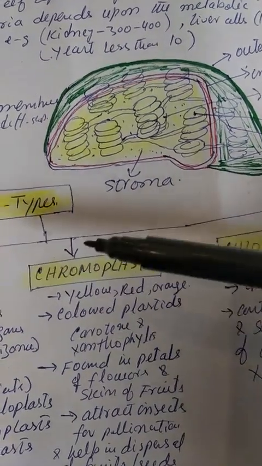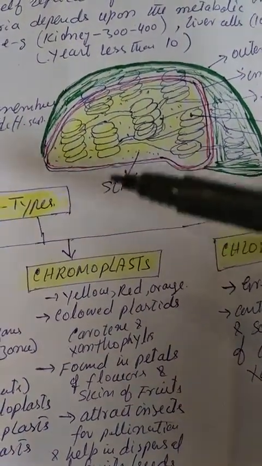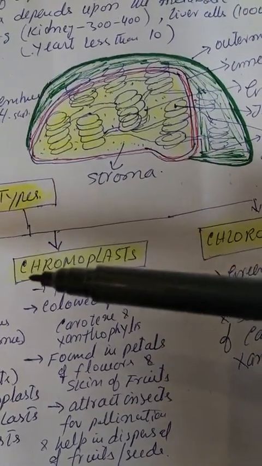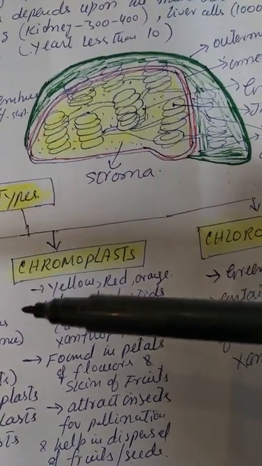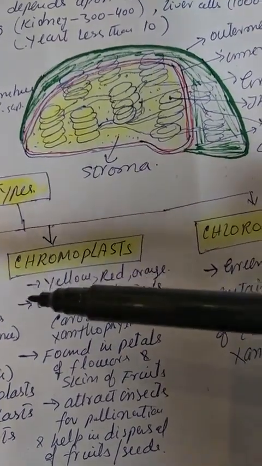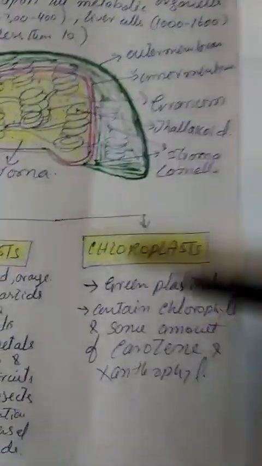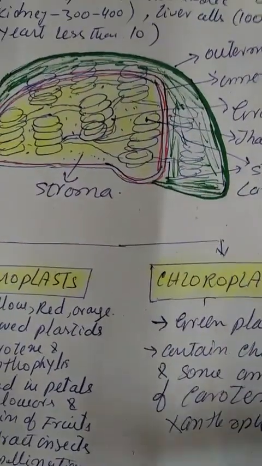These chromoplasts are meant to attract the agents for pollination like insects, and they are also helpful in dispersal of fruits and seeds. Now the third type is commonly known as the chloroplast.